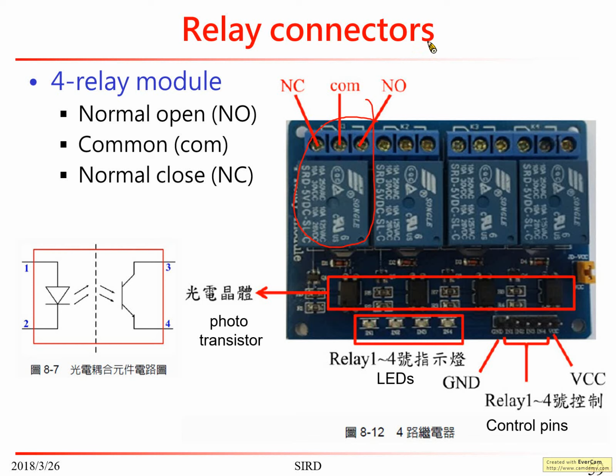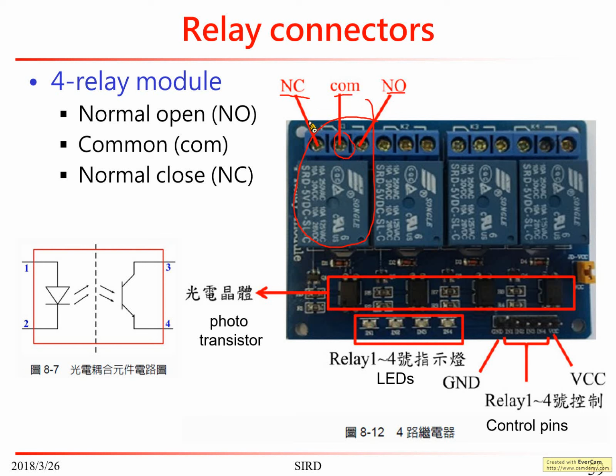They probably need a 16 relay module, so that they can control almost everything in the hotel rooms. And there are three points here, and they are marked as normal close and normal open, and the center one is common.